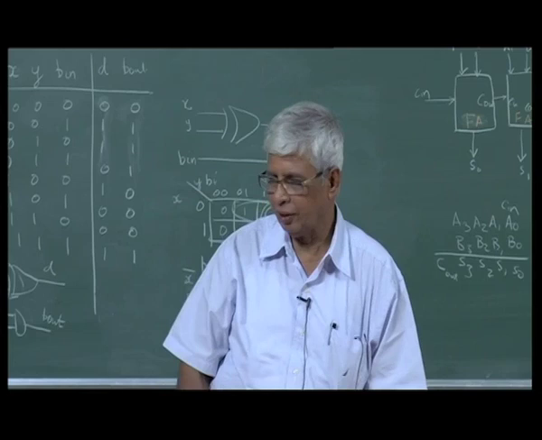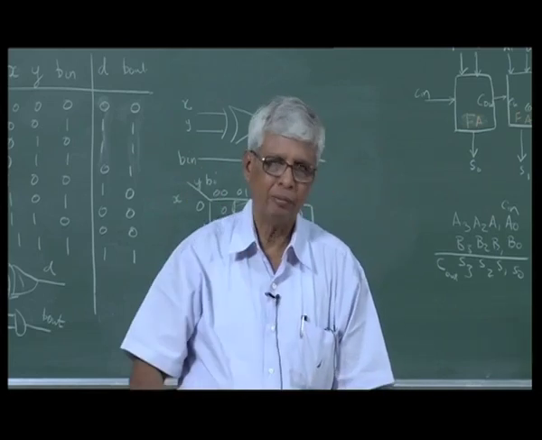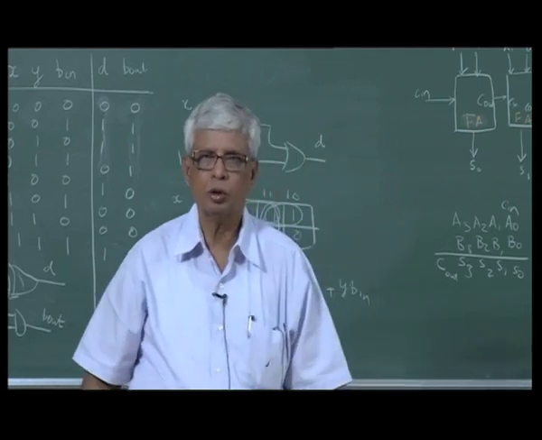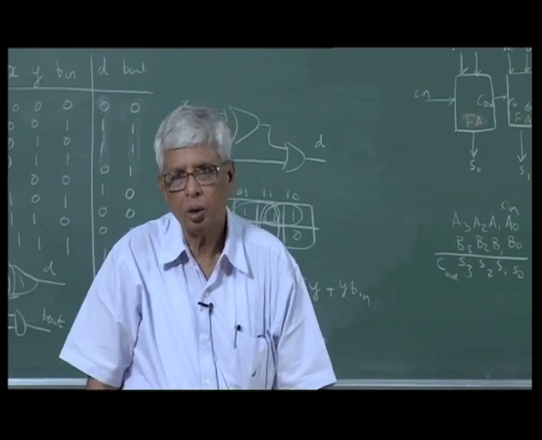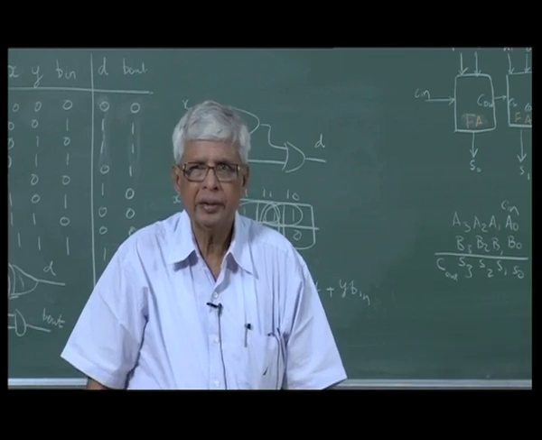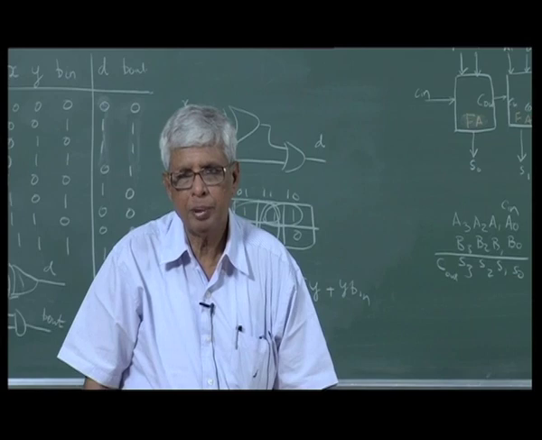So, we have already seen this, I did not draw the logic at that time. I explained to you what is 2's complement system, what is 1's complement number system, and I also told you how it can be used for subtracting one number from another number by simply adding.